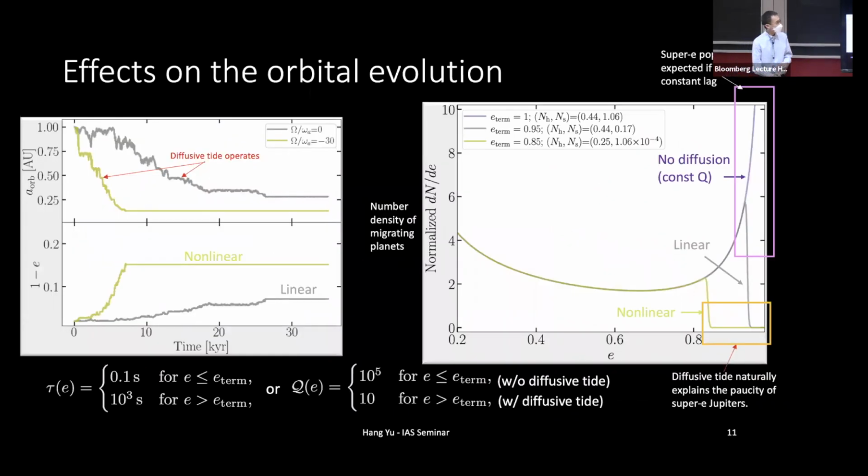And then the effect of diffusive tide on the orbital evolution is shown in the next slide. So here in the slide, we show a few representative trajectories, including this diffusive tide. Okay, I'm sorry, I spaced out a little bit, but on the previous slide, so basically the orbital energy is channeled into the energy of these increasing kicks. Yes.